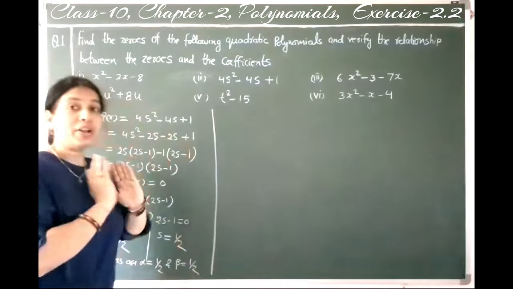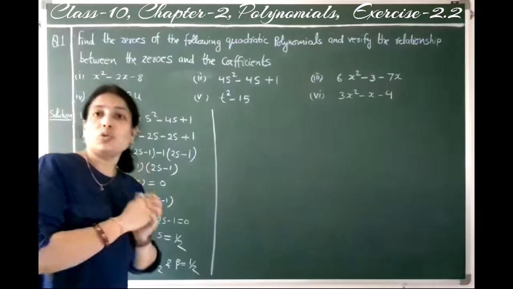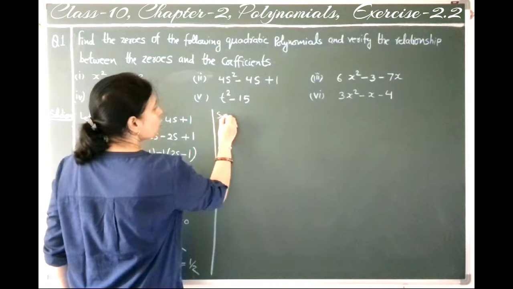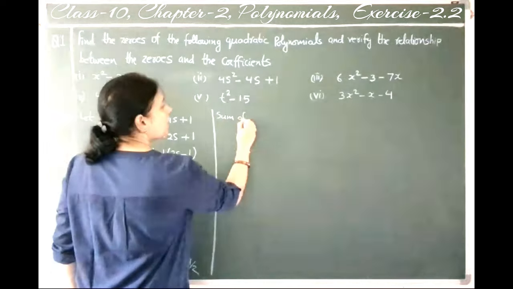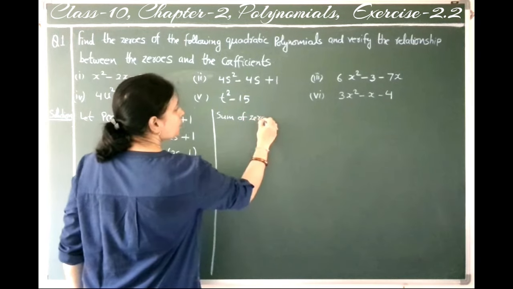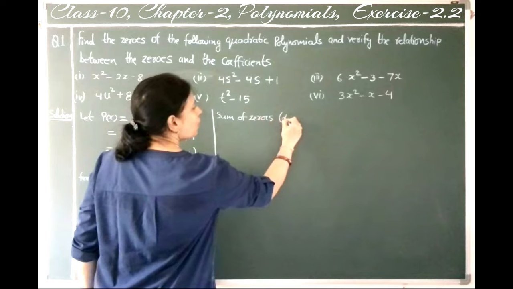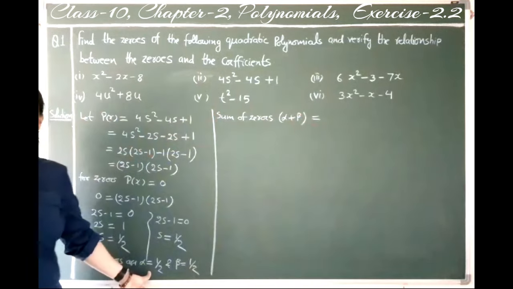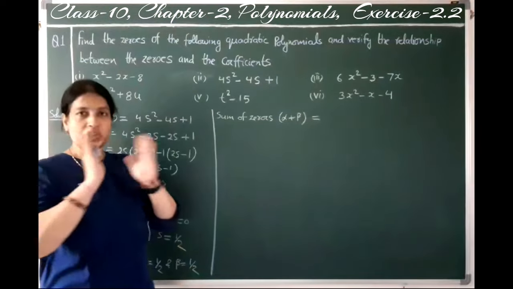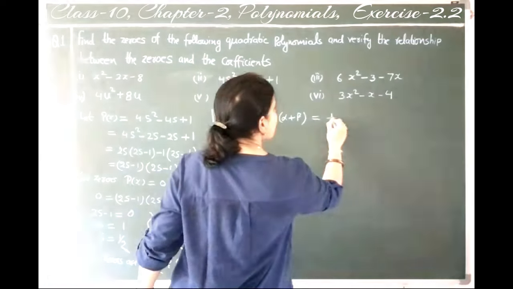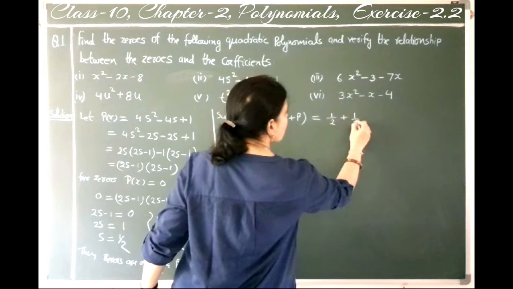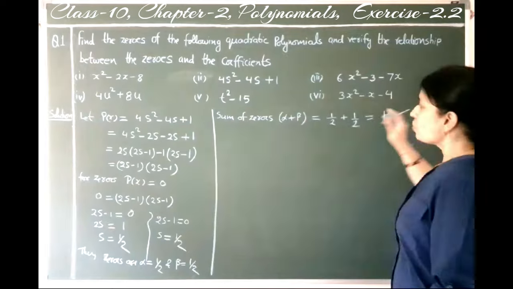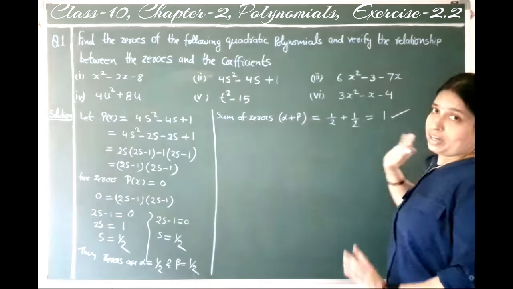Now we have to verify the relationship between zeros and coefficient. So first write sum of zeros. Sum of zeros means alpha plus beta. And we have alpha is equal to 1 by 2, beta is also 1 by 2. So it is 1 by 2 plus 1 by 2, which is 1. So alpha plus beta is equal to 1.